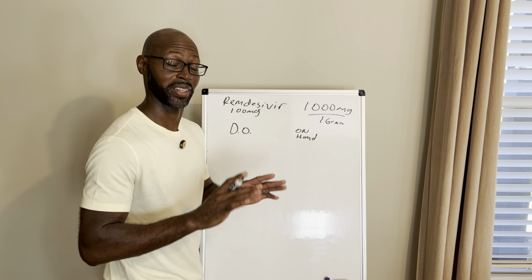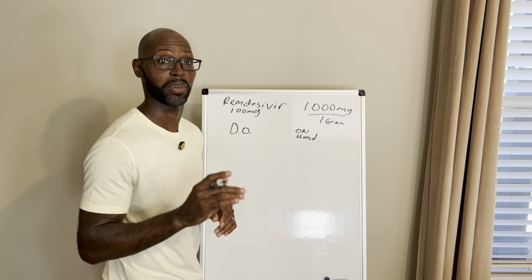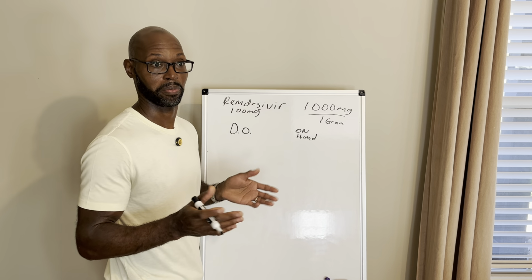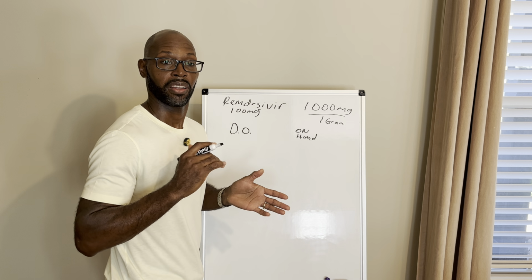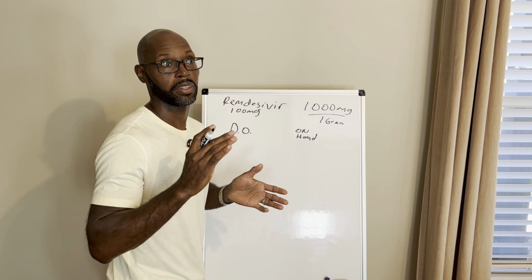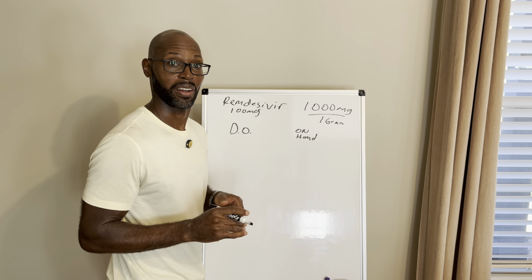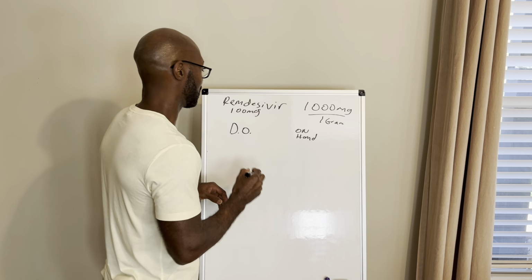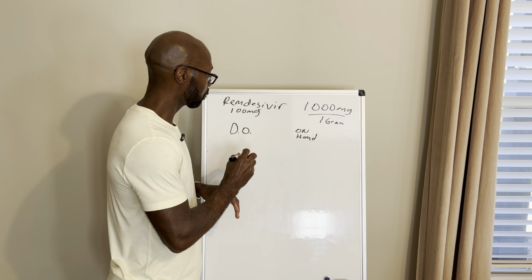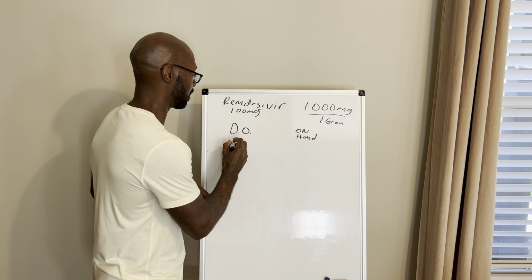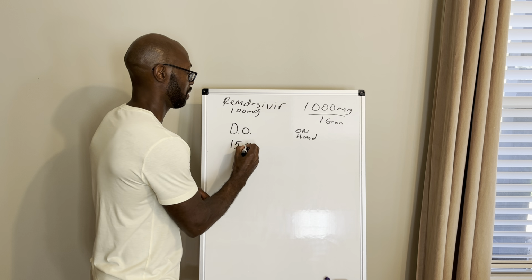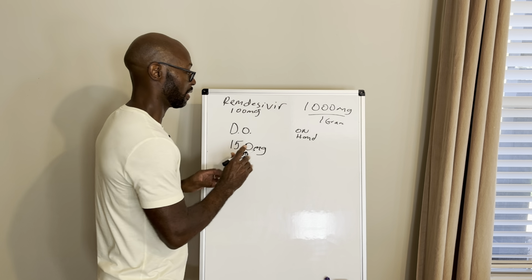I won't get into how that works right now, but I will at some point, to show how the doctor doses the patient off their weight or whatnot. Okay. All right. So we're going to start on this side. The doctor ordered 150 milligrams. That's what the doctor ordered.